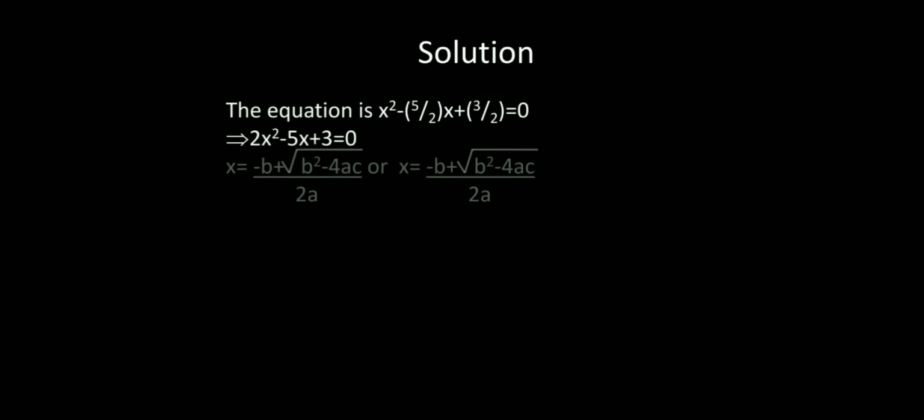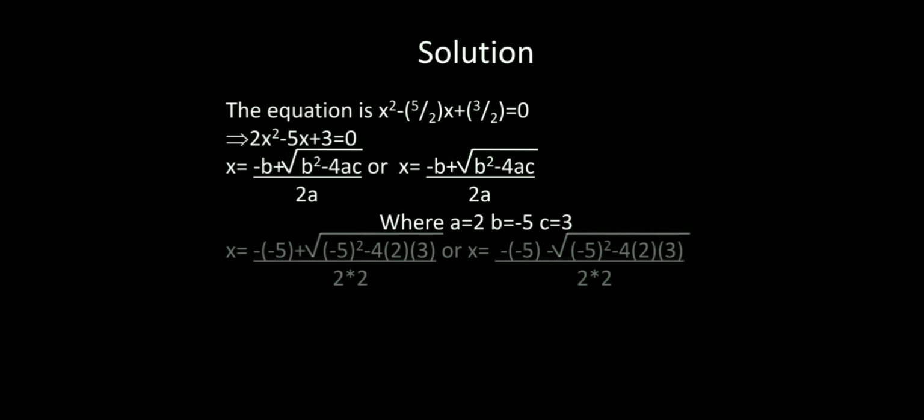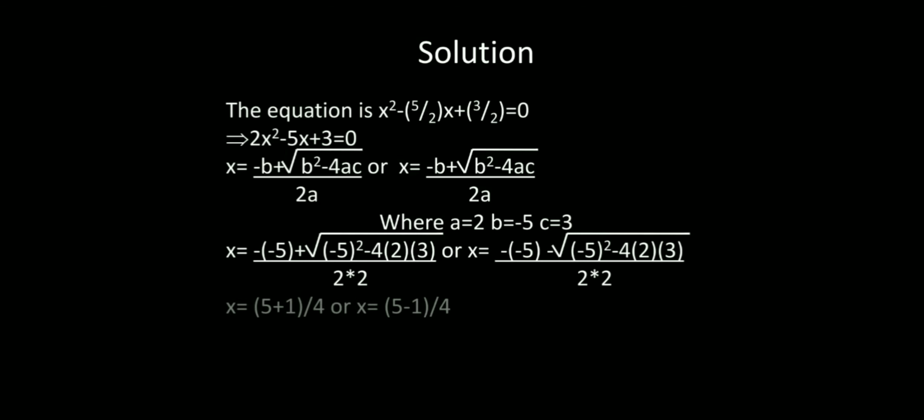Moving further to the same question, we took the equation and solved it to 2x square minus 5x plus 3 equals 0. Then we wrote the same formula. Then we put the numbers, where a equals 2, b equals minus 5, c equals 3, and please don't forget to write b equals minus 5, or else your question will go wrong, because the equation was ax square plus bx plus c equals 0.